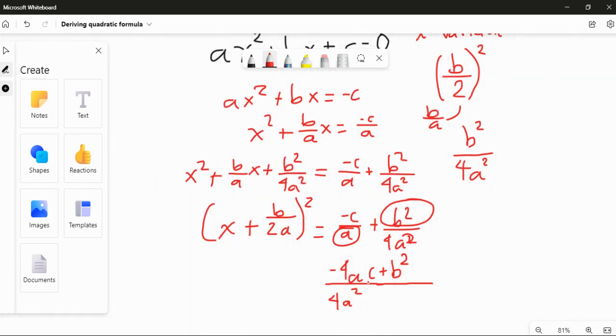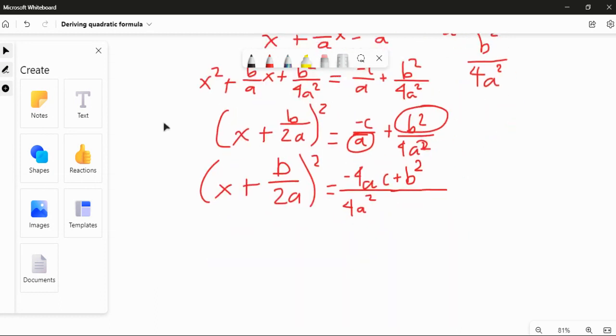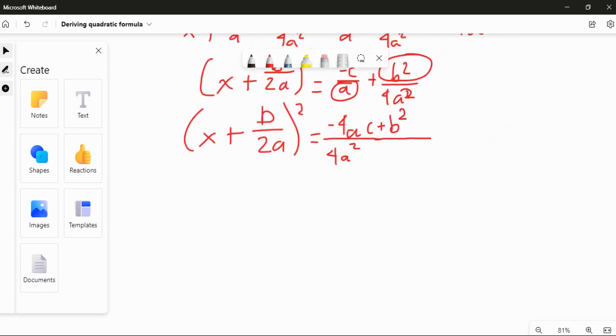So now we know that x plus b over 2a, squared, equals this. So we can take the square root of both sides. But remember, we have to be careful, since we also have to account for the negative, since negatives cancel out when squared.